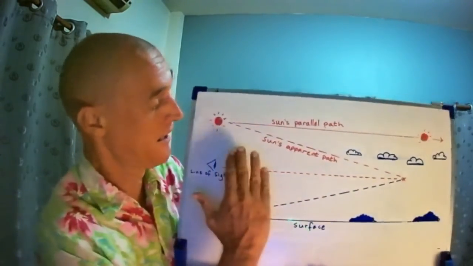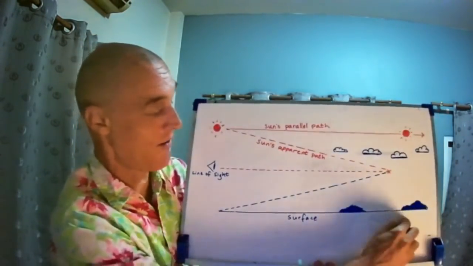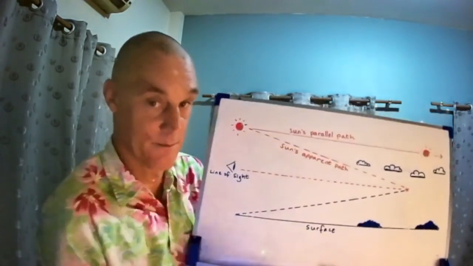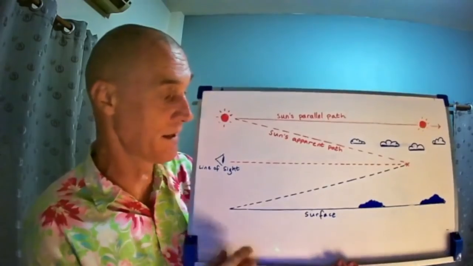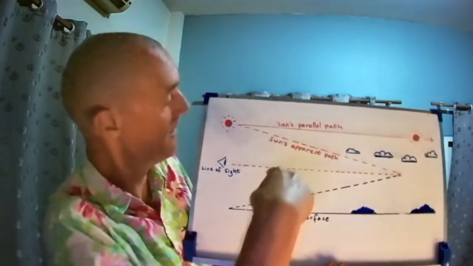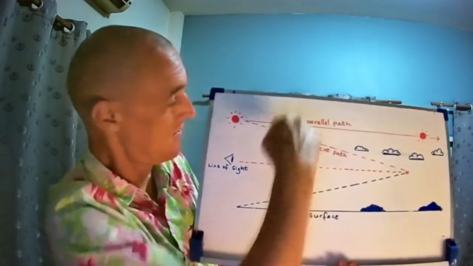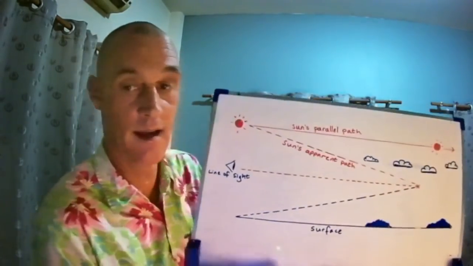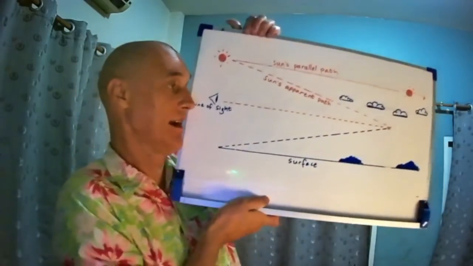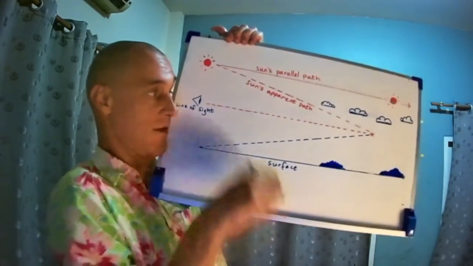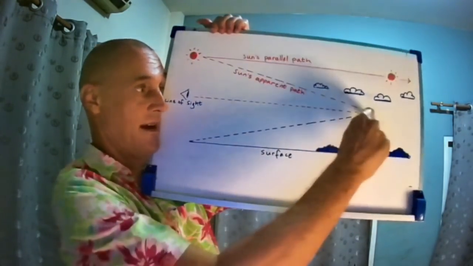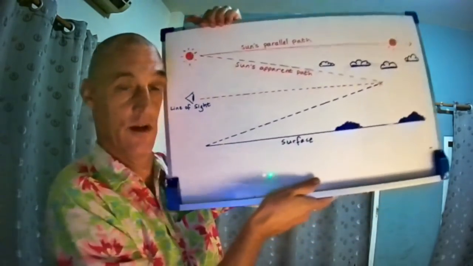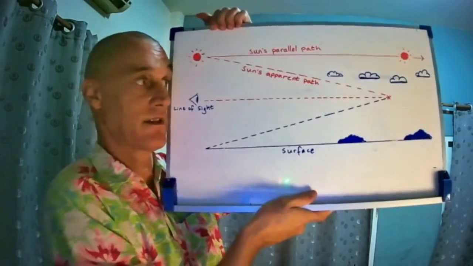And we know that if you look at this side on, we look at two parallel lines. We've got the surface here, and we've got the sun's path as being parallel to the surface of the Earth. If we look at it side on like this, then those distances remain the same from here to here. But of course, if I actually take up the position of the observer and I look along this line here, then these parallel lines will appear to converge in the distance, won't they?